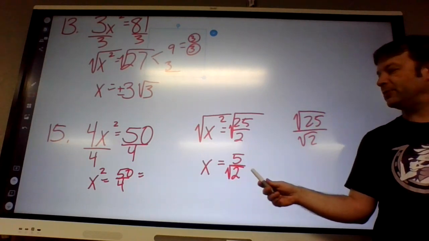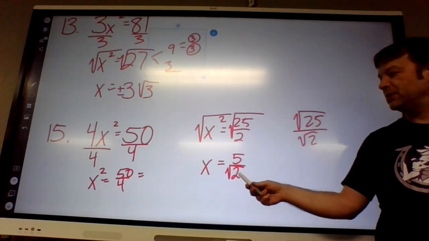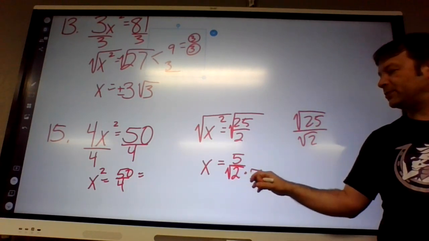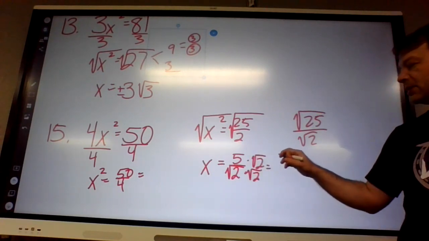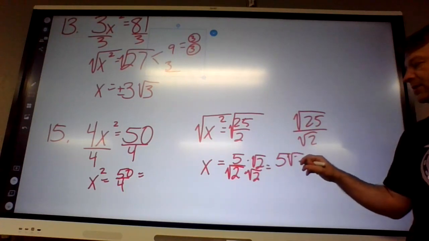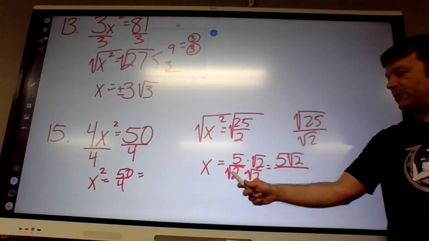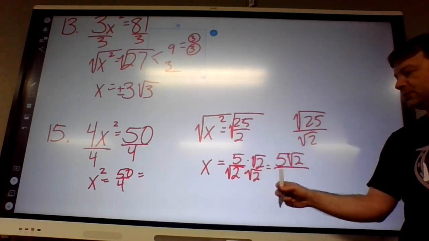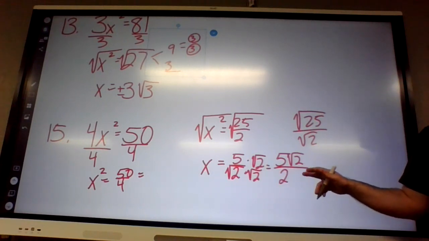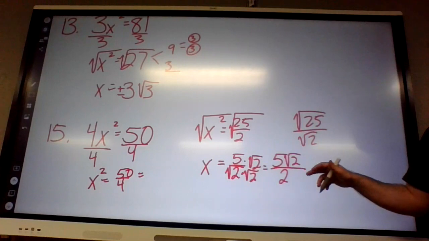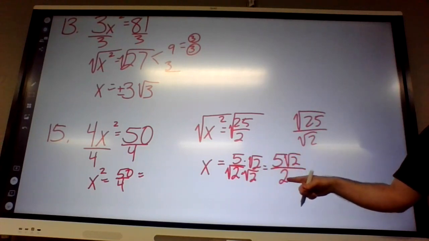But what's wrong with this? You have to multiply by square root of 2. You're not supposed to leave a square root in the denominator. So it's 5 square root of 2 over, what's square root of 2 times square root of 2? 2. Does that reduce? No. 5 and 2, if that would have reduced, we could have.